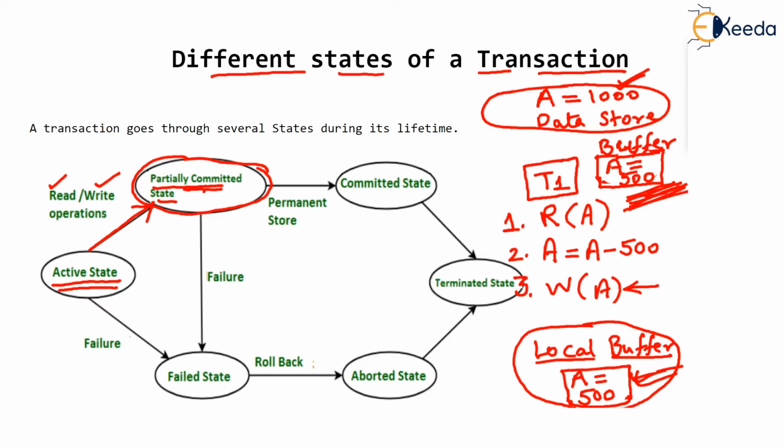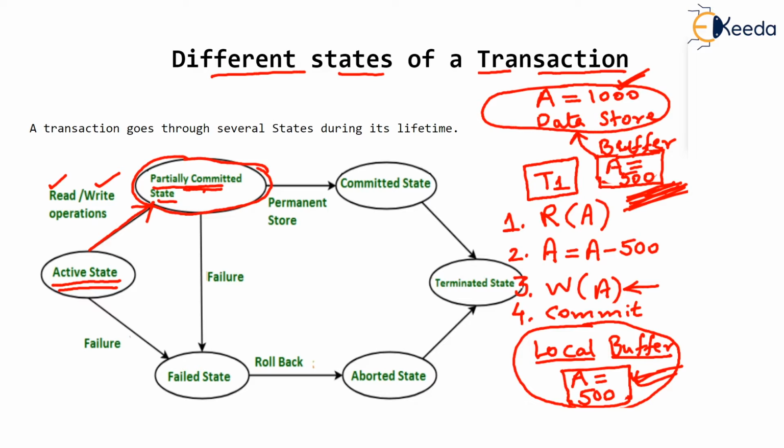So what if we have a fourth statement over here called commit? This is an instruction in DBMS, commit, and what it does, if the transaction executes the commit statement, then the value of the buffer, that is A equal to 500, will be permanently written to the data store.